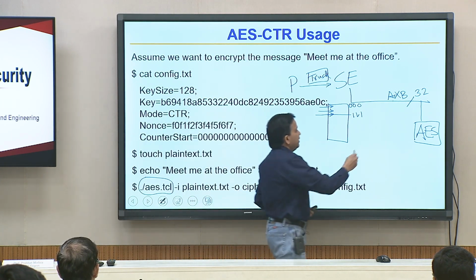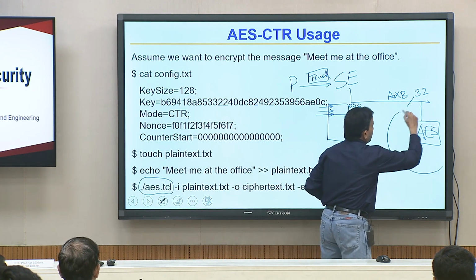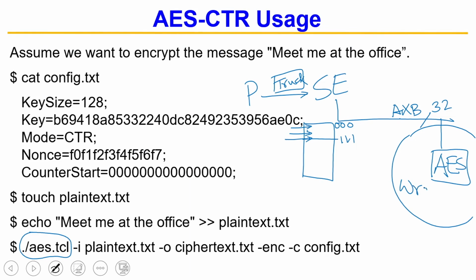So, basically in the community you call it a wrapper logic. You write another function, and from that function you call this function if you are doing it in software, and that wrapper logic needs to have a finite state machine. That finite state machine needs to read 32 bits at a time.